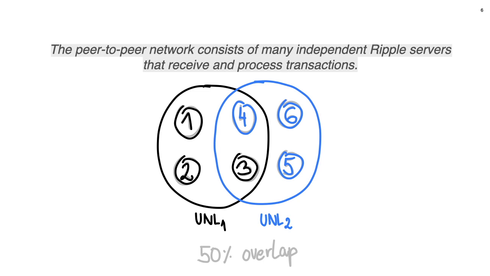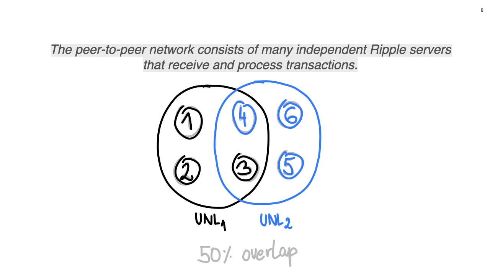In order to reach a consensus among all nodes, there must be an overlap between each UNL, as I already said, and most of the previous work was trying to discover what the minimum required overlap is. You can find more about this in the previous papers regarding Ripple.